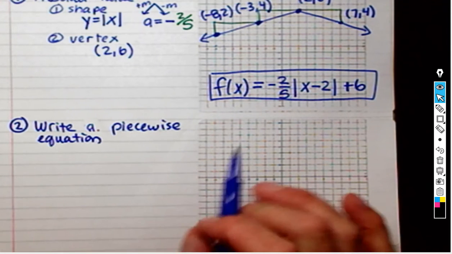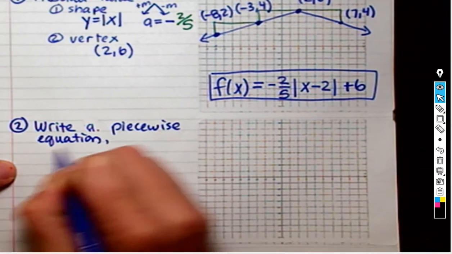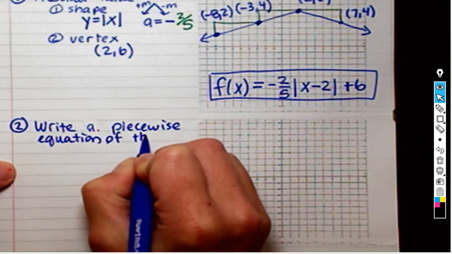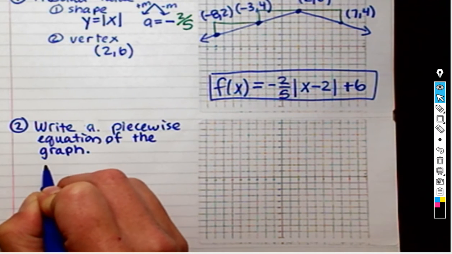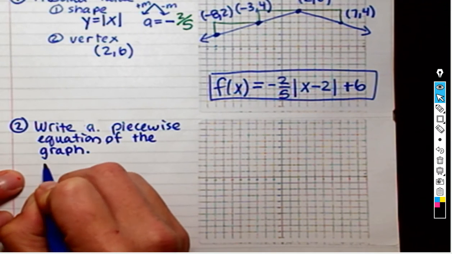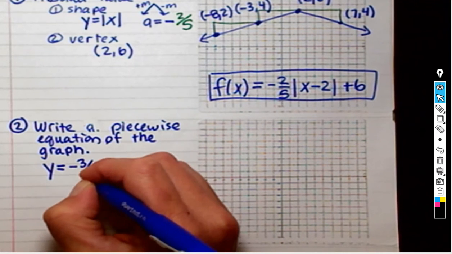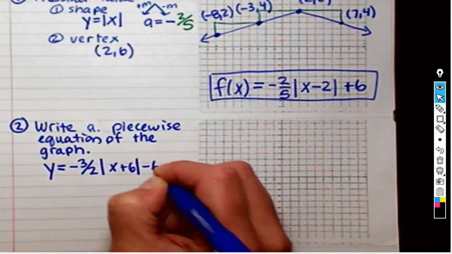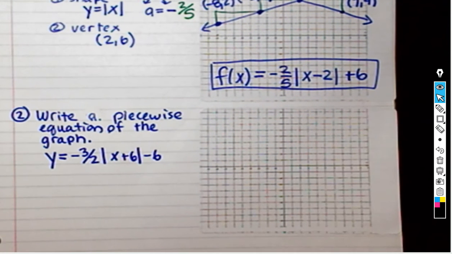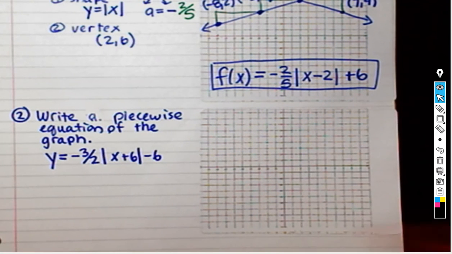Now we're going to write a piecewise equation of the graph. Okay, but I'm going to just give you the equation in absolute value format. All right, write a piecewise equation of this particular graph. So the first thing we have to do is graph it.